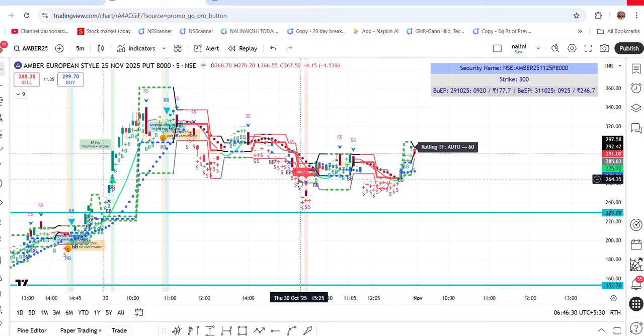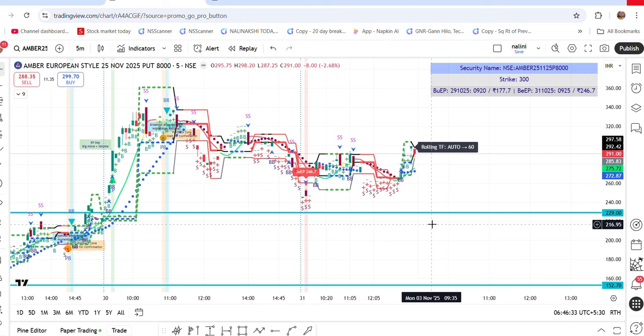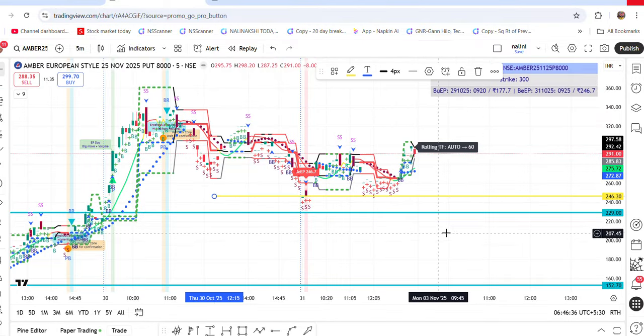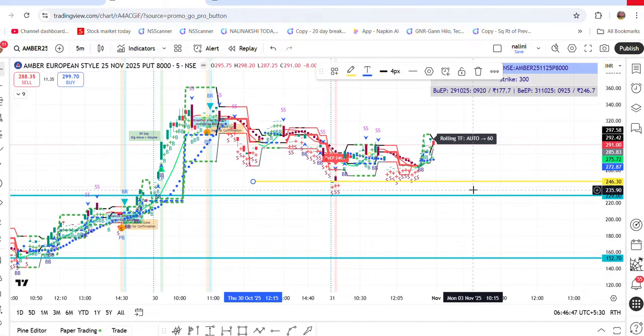Again, one more episodic pivot has been formed around 246. You can mark down the 246 latest one, and you can keenly watch if it is going to sustain this or any retracement above this, and it is a buying opportunity for this Amber Enterprises.